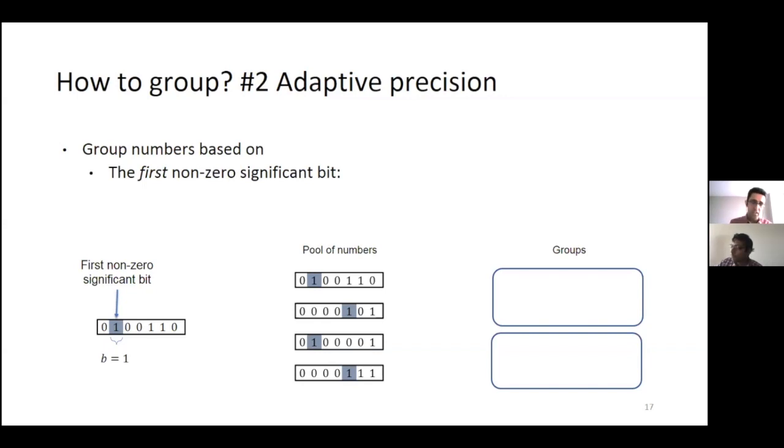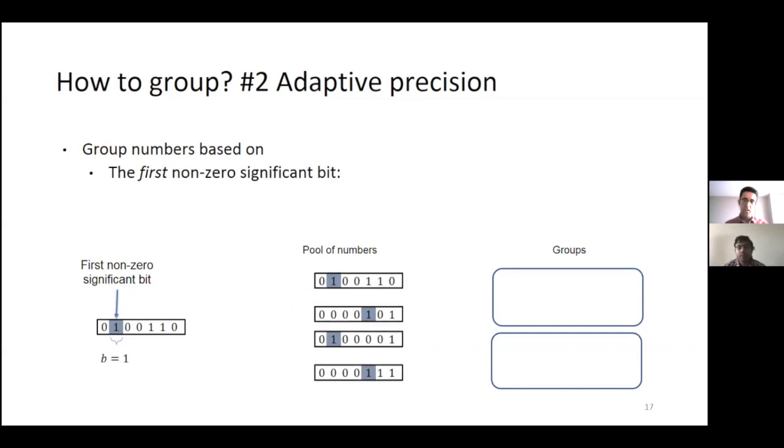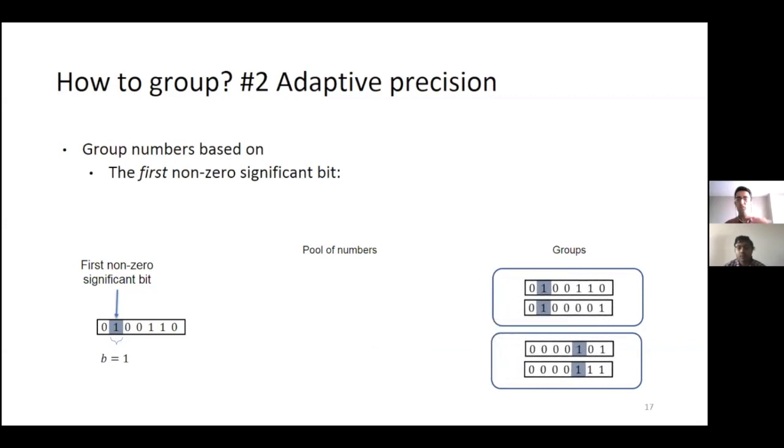For instance, in this example, we have the first non-zero significant bit in the second position. So basically all of the numbers that have the same feature will be in the same group. Again, in my toy example, we can simply group the numbers together here as well.